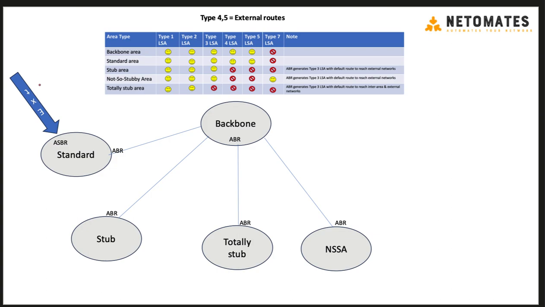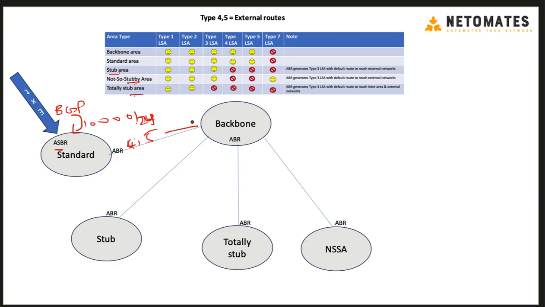Now in this topology, suppose we have an ASBR, meaning it will have routes from a non-OSPF source. Let's say we have some BGP configured and we are advertising the 10.0.0.0/24 network here. As you can see, type 4 and 5 LSAs will not be forwarded to any of the stub areas. Normally the ABR here will send type 4 and the ASBR will send type 5.